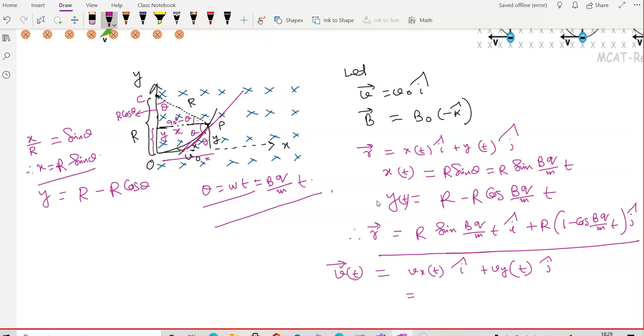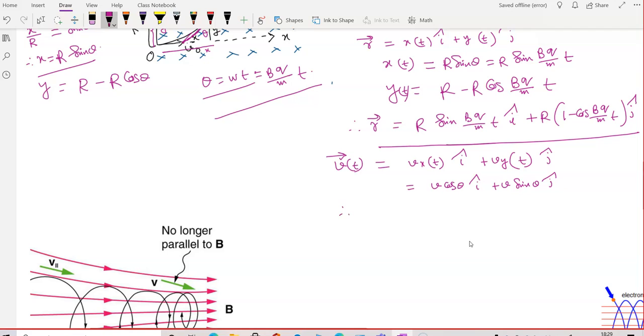Vx is how much there at the point P? If the velocity is V, then Vx is V cos theta i cap and Vy is V sin theta j cap. Okay.